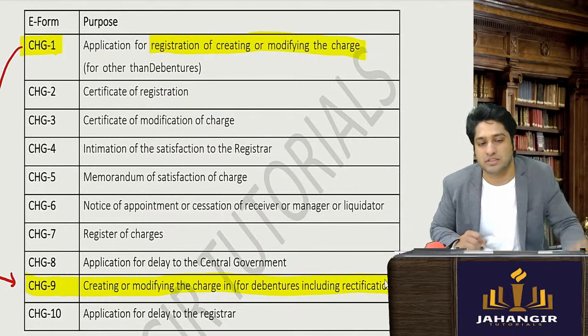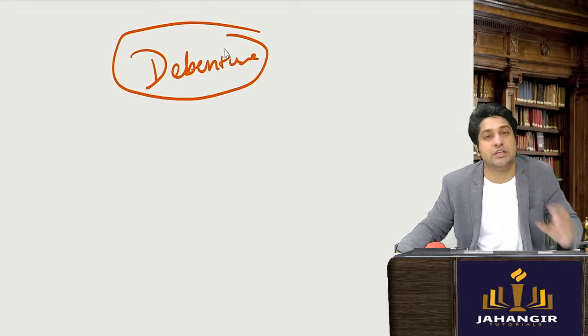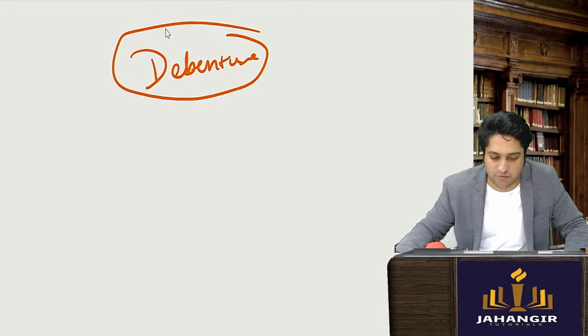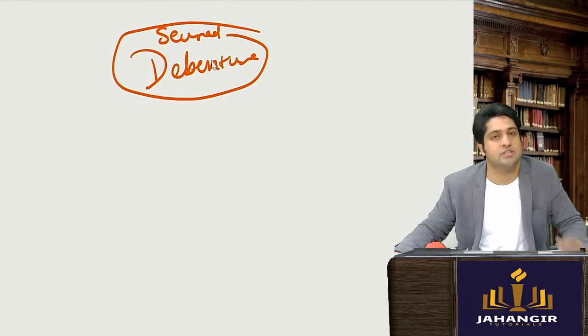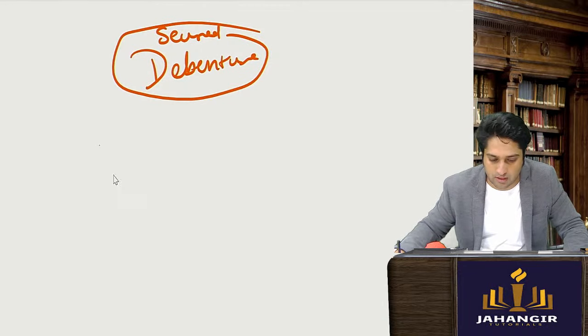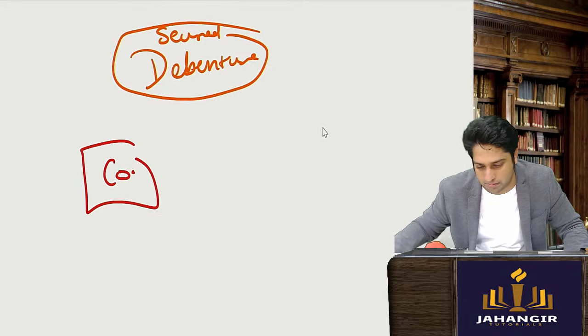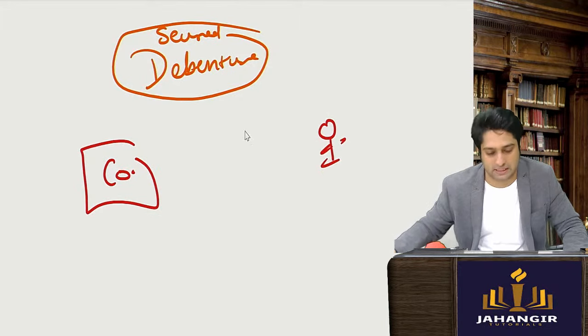Let's understand what this debenture part is. First, very important, have you heard of secured debentures? Yes or no? So what happens? Companies prefer to take loans. A company can go to the public or smaller people.